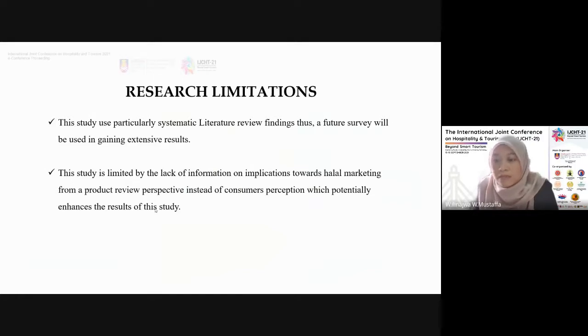The most important limitation lies in the fact that this study used particularly systematic literature review findings. Thus a future survey will be used in gaining extensive results. This study is also limited by the lack of information on implications towards halal marketing from a product review perspective instead of consumer perception, which could potentially enhance the result of this study.